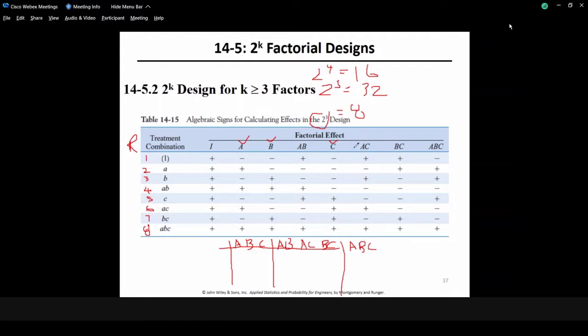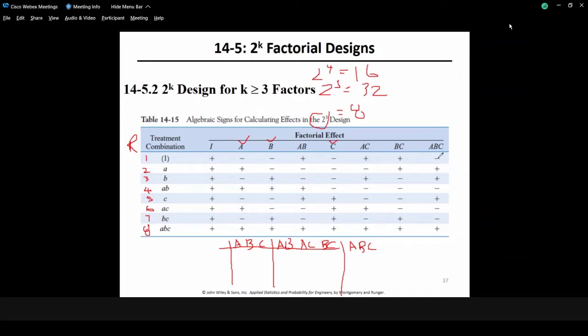In the textbook they use a different ordering. It doesn't matter which you use. This one is much easier because you want to calculate main effects A, B, C, then two-way effects A, B, A, C, B, C, and this is the three-way. Three-way, right?